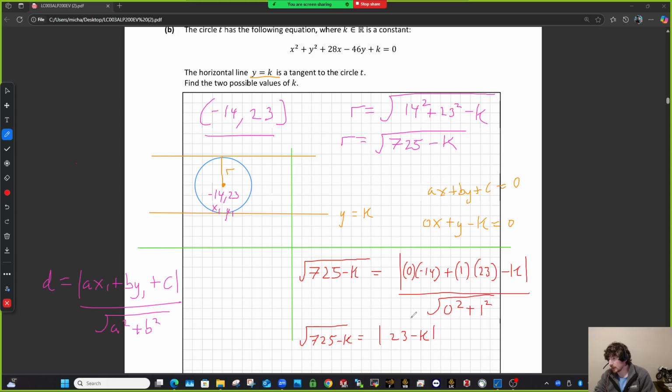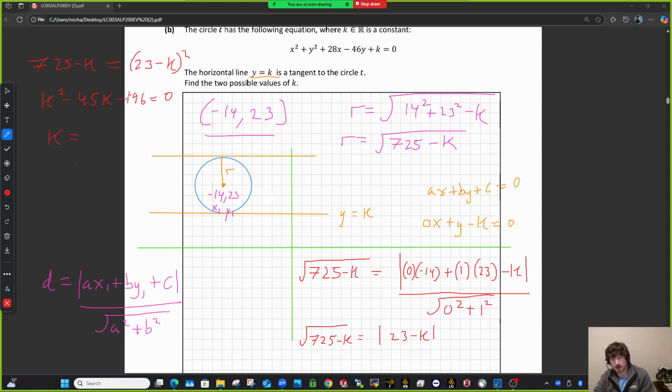So what you've got to do here then is square both sides, and you'll get a quadratic. I'll just start that off, I'm not going to do it all. This is sort of easy from here. When you square the left, it gets rid of the square root. When you square the right, you get 23 minus k squared. And if you go through all of that, you'll get a quadratic, k squared minus 45k minus 196 equals 0, and that has two solutions.